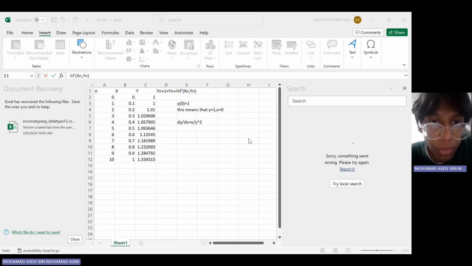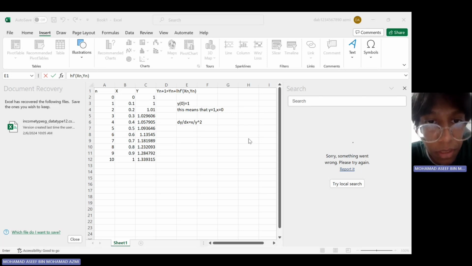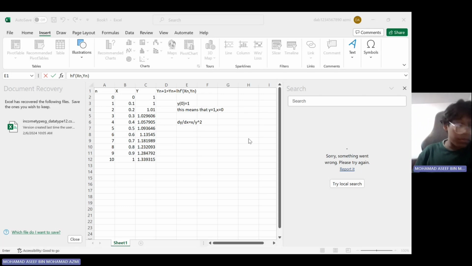Hence, to find y, we have to use our general equation, which is yn+1 equals yn plus h, which is the step size, times f prime of xn, yn. For example, to find y2, we have to sub in y1, which is 1, and sub in h to be 0.1.